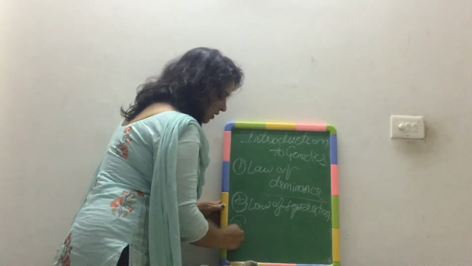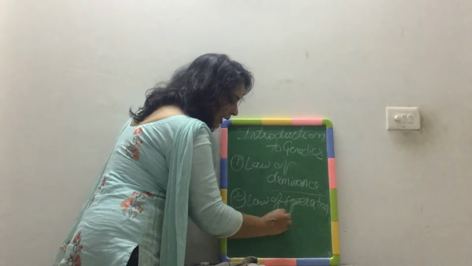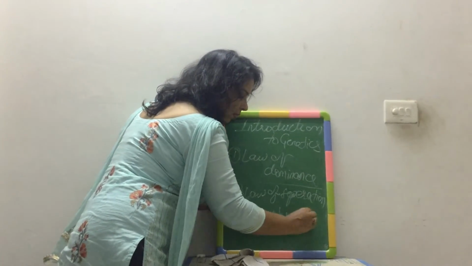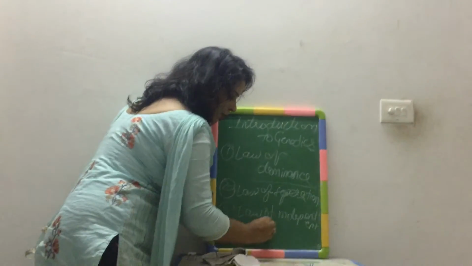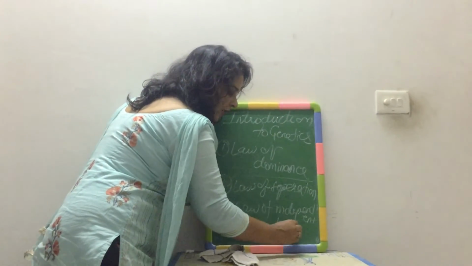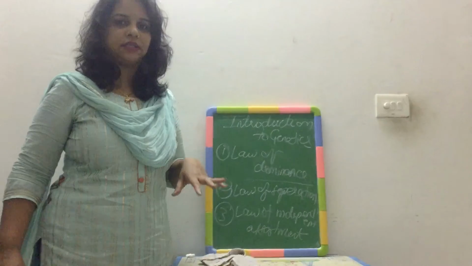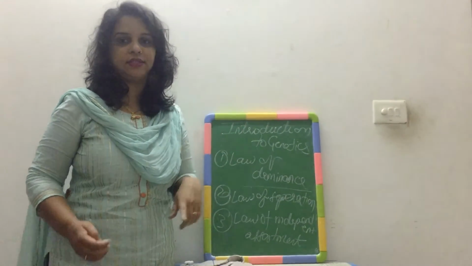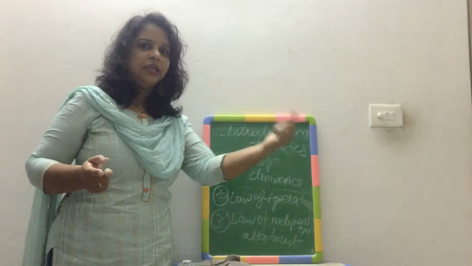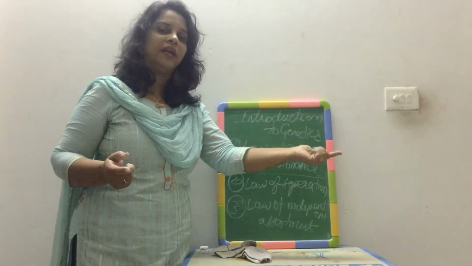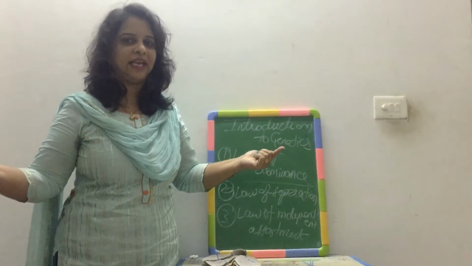And the third one is the law of independent assortment. Law of independent assortment means what? That means both the alleles, dominant and recessive, when they are distributed, one allele is distributed to one gamete, the second one to the second gamete.